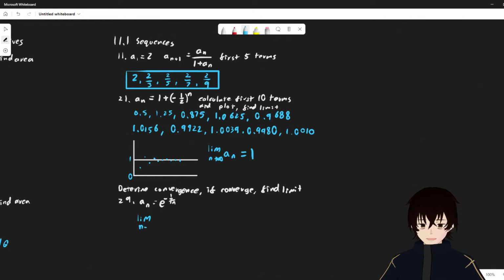The limit as n approaches infinity of e to the power of -1 over n. Now, if n is infinity, then -1 over infinity goes towards 0. And if it goes towards 0, e to the power of 0 is 1. So this is 1. This converges. This is 29, that's right.